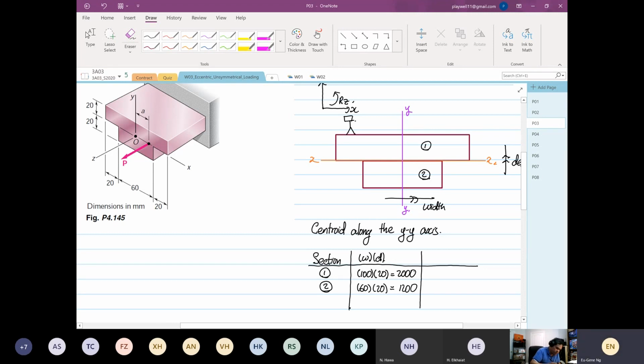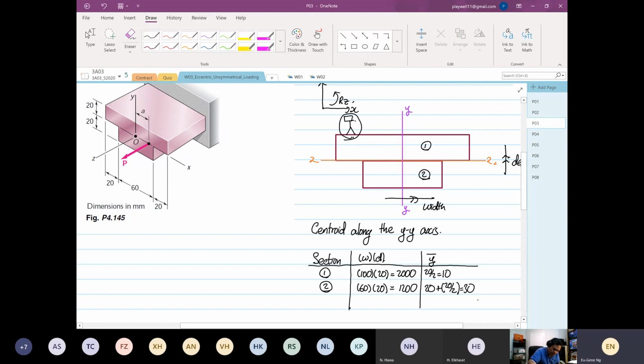And then the individual position of the centroid from the datum. Section 1 is 20 divided by 2, 10. For section 2, you have to take the 20 because it's from the datum drawn over here, plus 20 divided by 2. So this will be equal to 30, right?